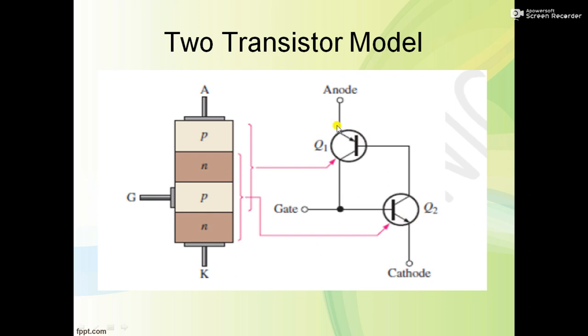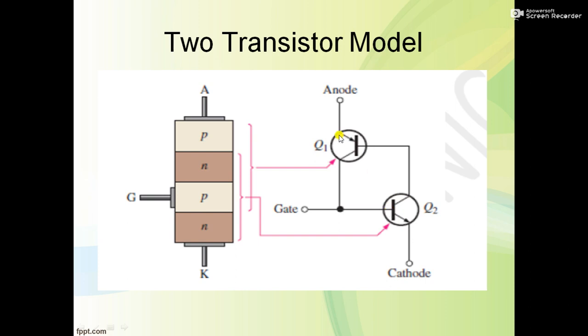In this 2 transistor model circuit diagram, consider that the Q1 transistor is a PNP transistor, and the Q2 transistor is an NPN transistor.